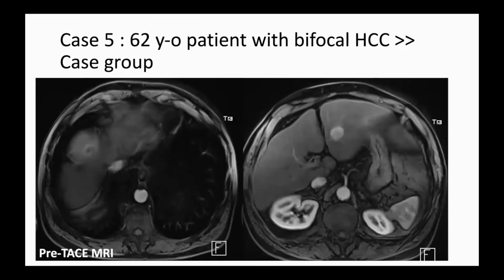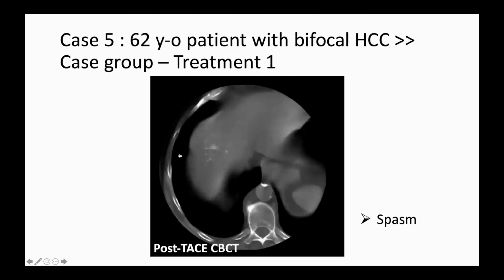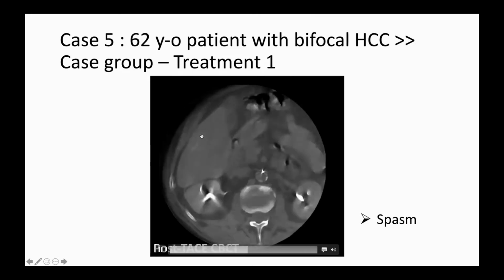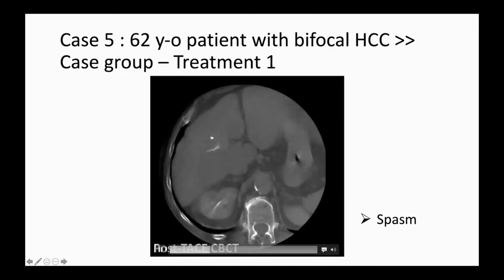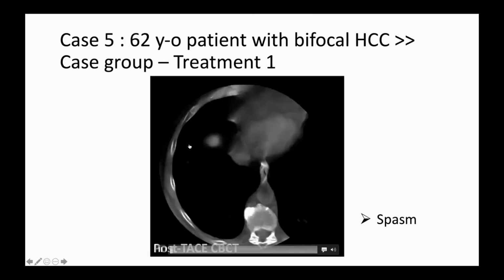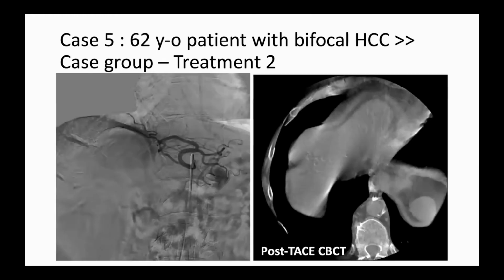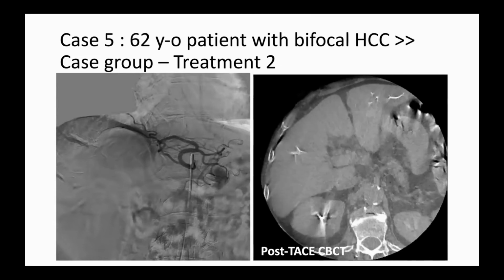Here is another case of a 62-year-old patient with a bifocal HCC here and here. So we treated the first lesion hyperselectively, and we noticed non-target embolization into segment 5 here due to spasm. And we went to the left lobe, segment 3, to treat.